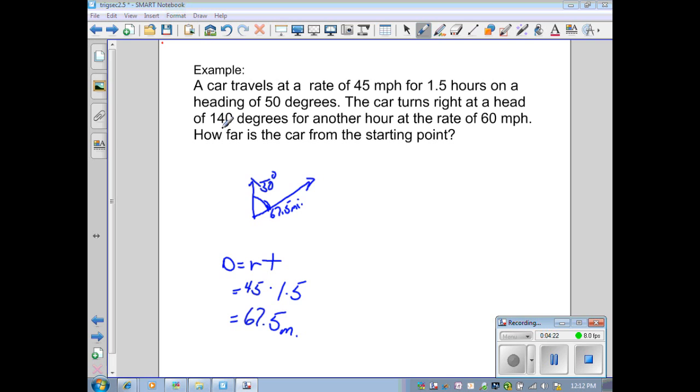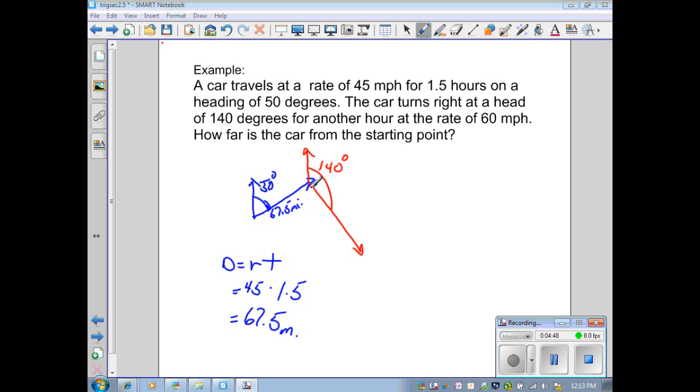This 140 degrees has to be at the end of my last bearing. So if I draw my north starting point to represent that bearing, I initiate 140 degrees clockwise and then draw the terminal side. So here's my 140 degrees.